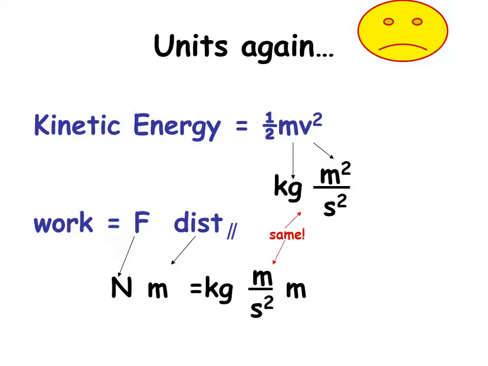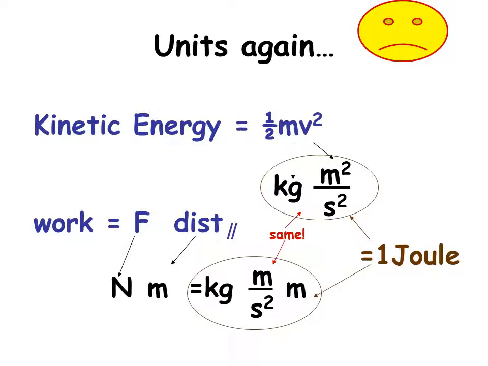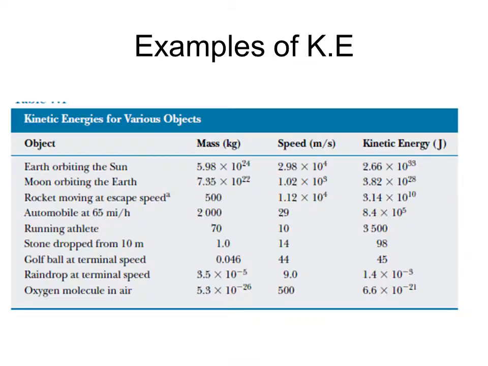So we have the same units, so we have the same quantity, kinetic energy and also the work. Both units equal joule. Now we have examples of the kinetic energy for the earth, an automobile, or an oxygen atom.